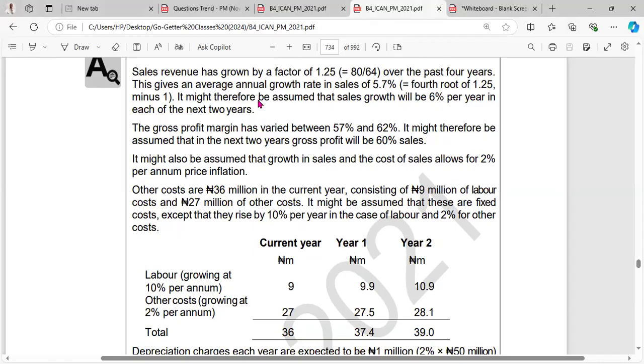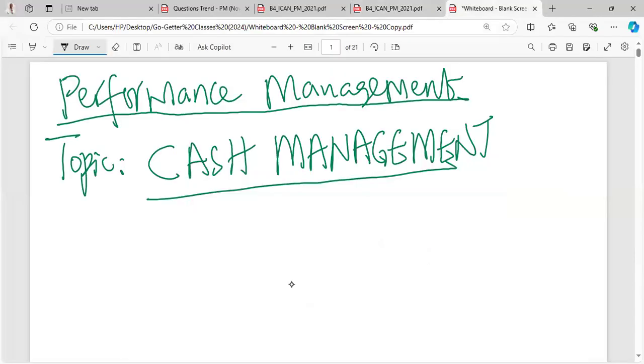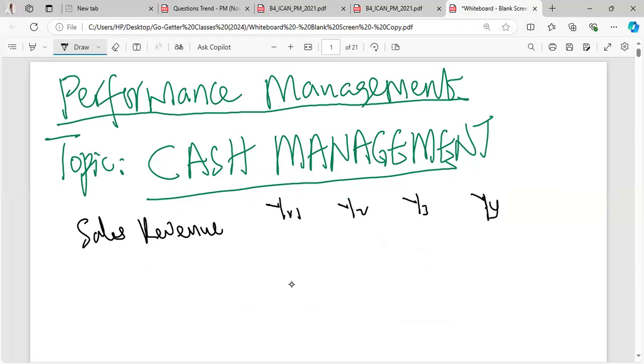We are saying here that your revenue is your sales revenue. So you have year 1, year 2, year 3, and year 4.